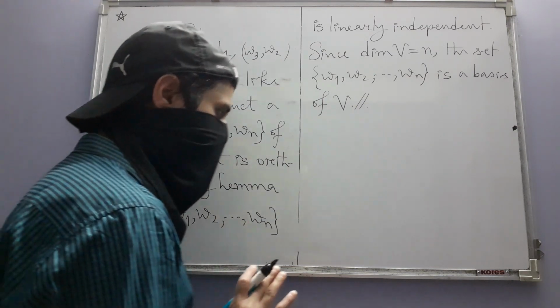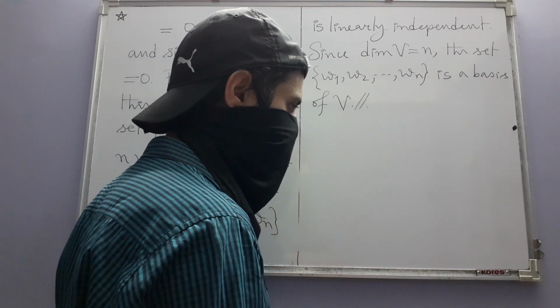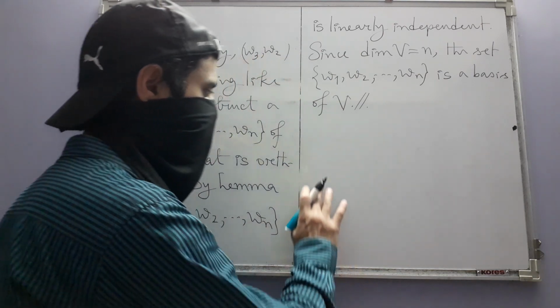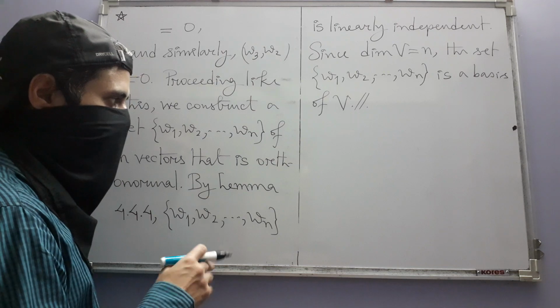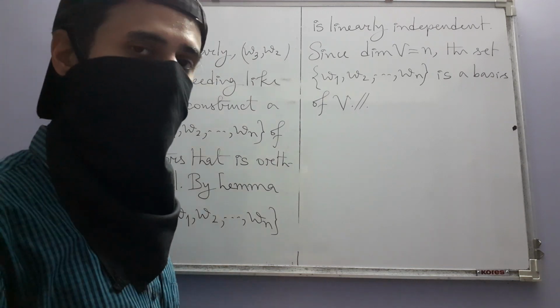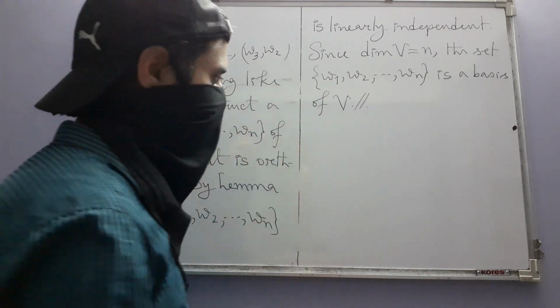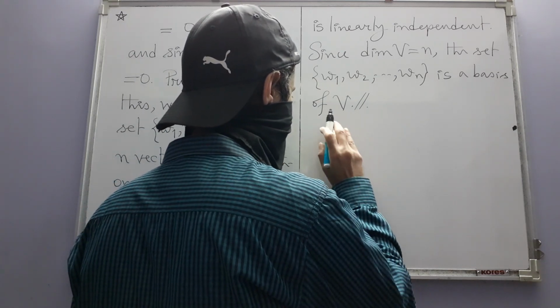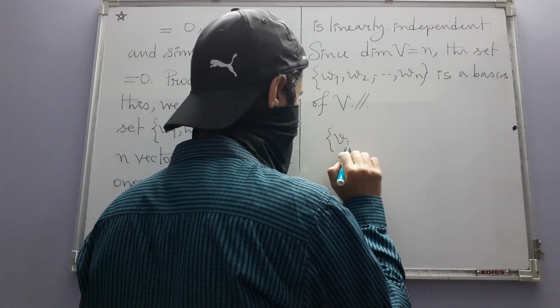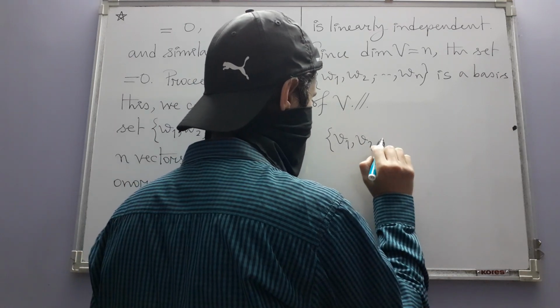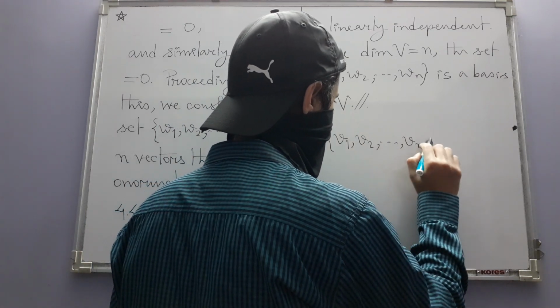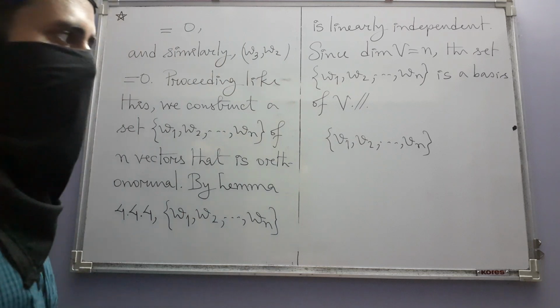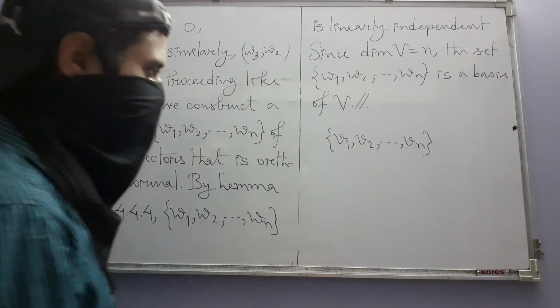Okay, so now some intuition as to why, coming from the previous lemma. In the previous lemma, we were given an orthonormal set of vectors.